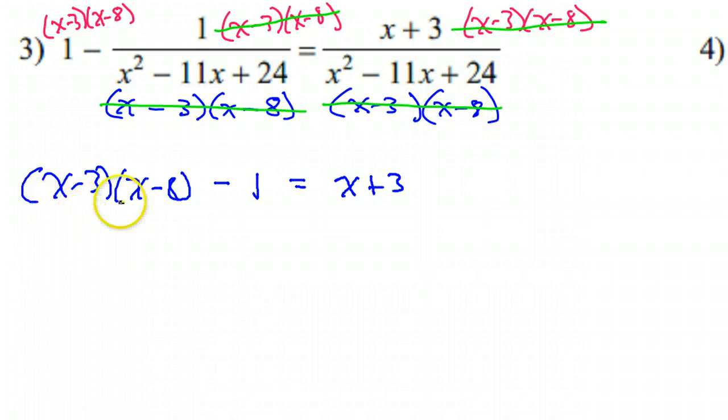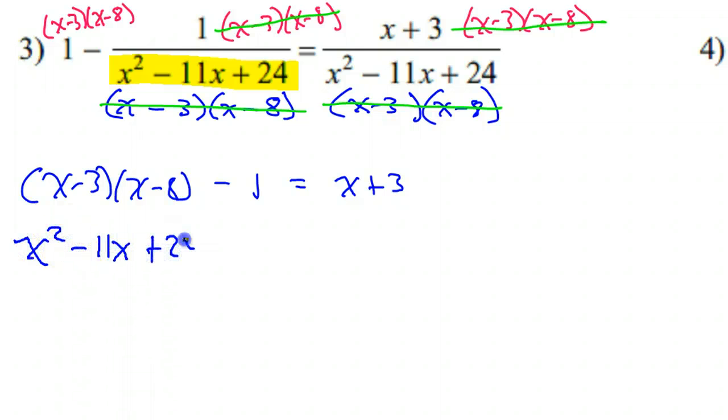Now, I need to multiply this out, but I already know that I'm just going to get this back again, because that's where it came from. So I'm just going to copy this because I know it's going to be x squared minus 11x plus 24, then minus 1 equals x plus 3.